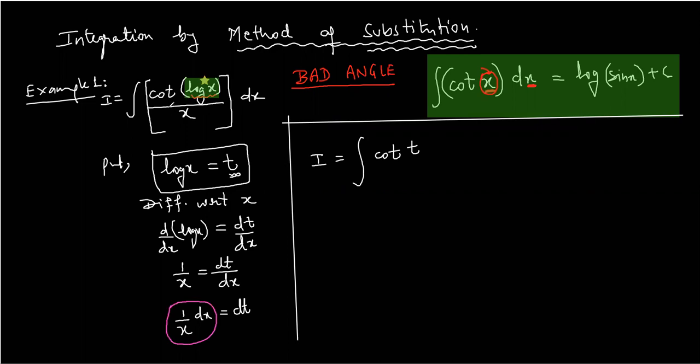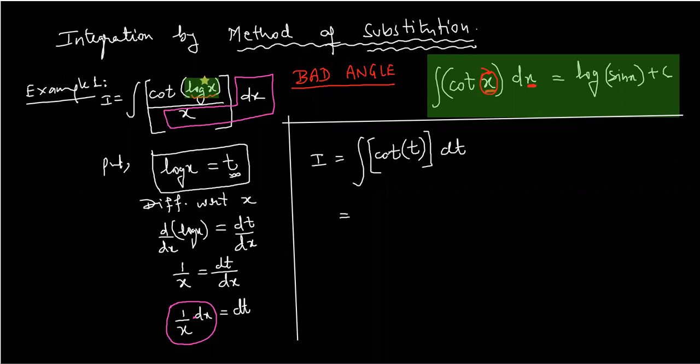And here you have 1 upon x dx, which is the same as dx upon x. So this whole thing is dt. So what you have now is cot t dt.